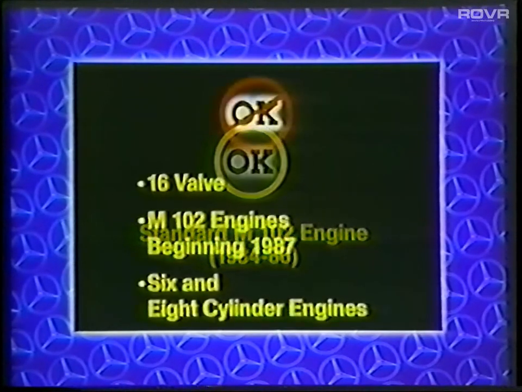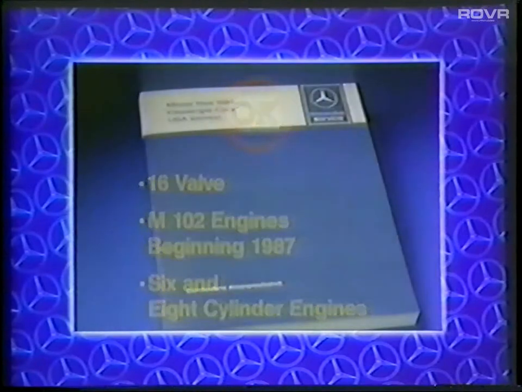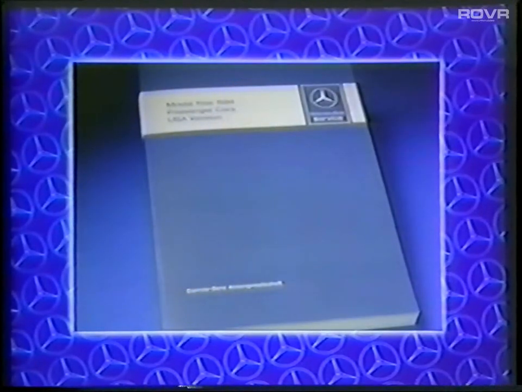The 16-valve M102 engine, M102 engines beginning 1987, and 6- and 8-cylinder engines have many similarities, but there are important differences that invalidate some of the information found in the retention book. When testing the CIS-E system on these vehicles, refer to the pertinent introduction manual or service microfiche as it becomes available.